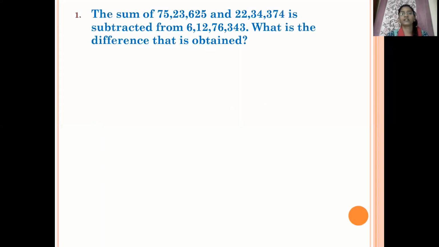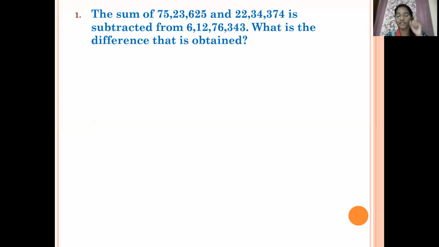Let's take another sum and see how the operation is performed and what has to be done. So the question is, the sum of 75,23,625 and 22,34,374 is subtracted from 6,12,76,343.